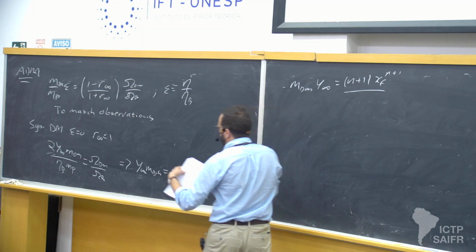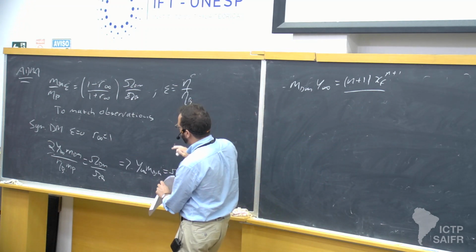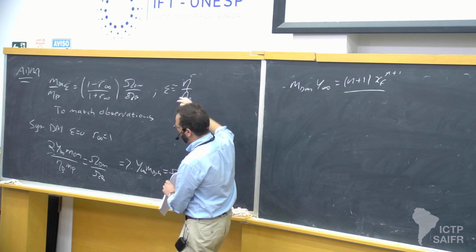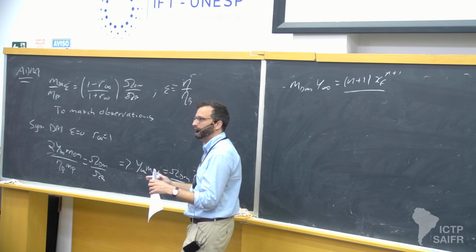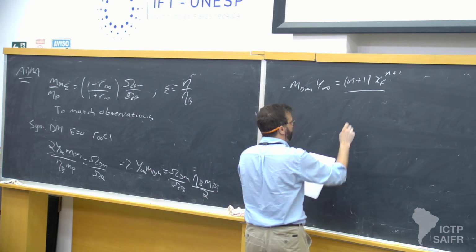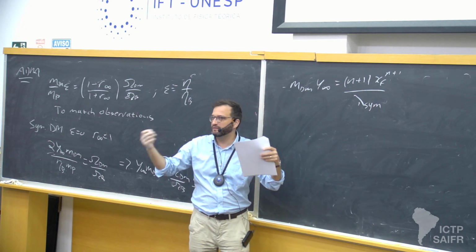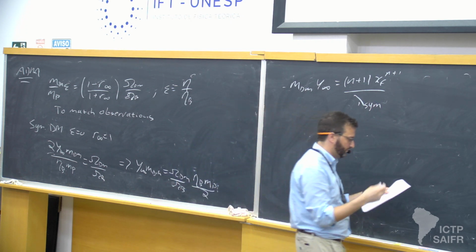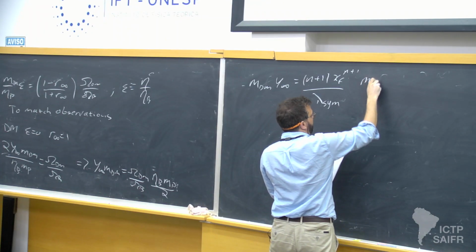Now we're going to compare asymmetric dark matter and symmetric dark matter with the same mass, but different cross sections. So instead of just writing lambda, I'm going to put lambda symmetric, which is just the cross section required for the symmetric dark matter case.